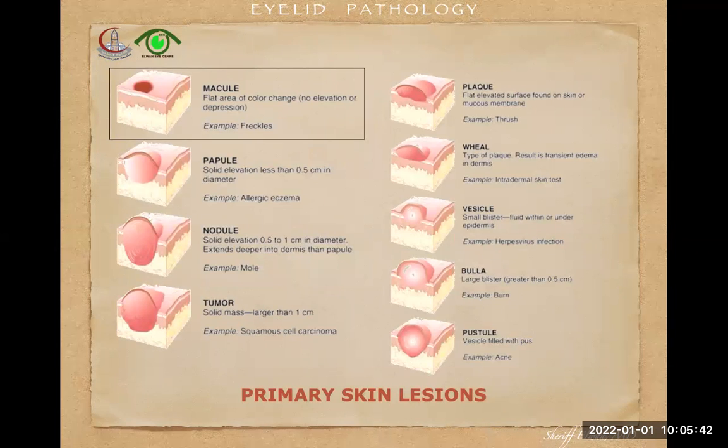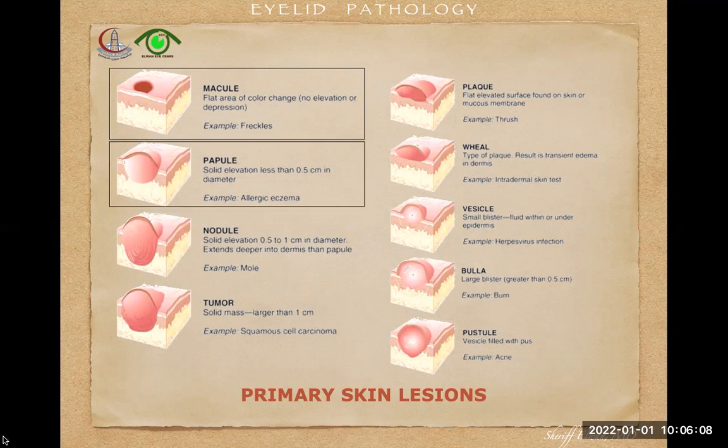This is called a macule, and it's an example in freckles. If this change of color is elevated but less than ½ centimeter in diameter, this is called a papule, and its example is allergic eczema.